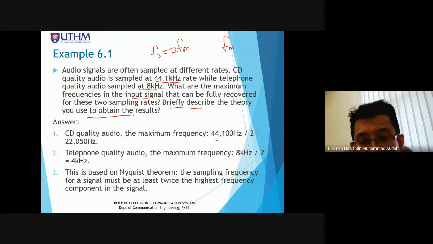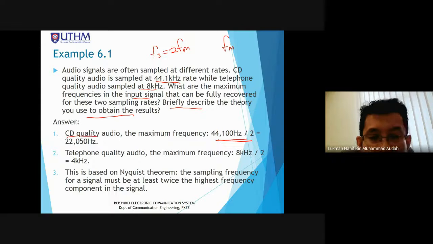Okay, maknanya ini so Fs divide with 2, which is 44.1. This is for the CD quality audio. So we divide with 2. So therefore we get 22,050 Hz ataupun 22.05 kilohertz.